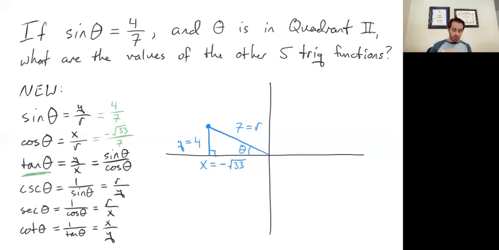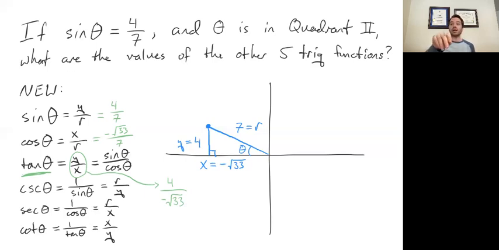The y over the x, that's next for tangent. I could do sine over cosine, but I've got the x, the y, and the r right in front of me, so I'll use the y over x definition. The y over x is going to give me 4 over negative square root of 33. Remember, it is rude to have a square root on the bottom of a fraction. So I'm going to do two things.